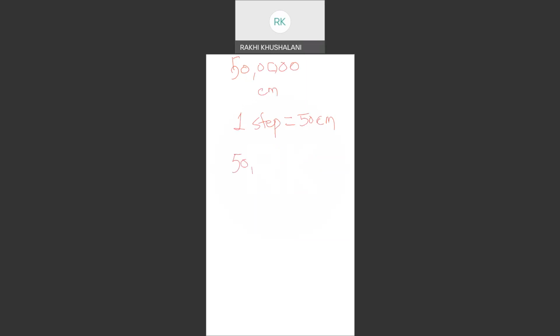Equal distribution is called division. So this becomes 1,000 steps, isn't it? We are dividing this 50,000 into 50 each time. Equal distribution. So we are going to do division. I hope this question is clear.